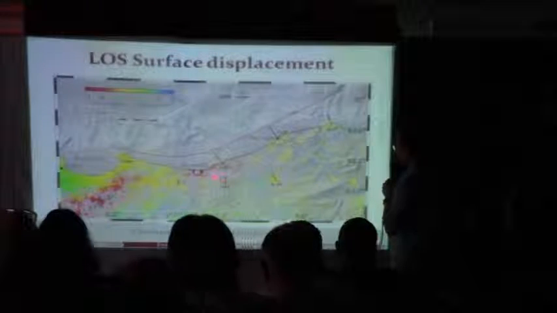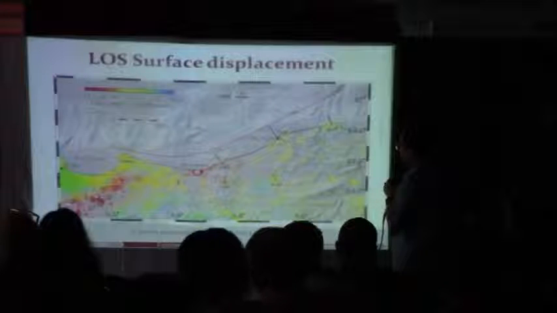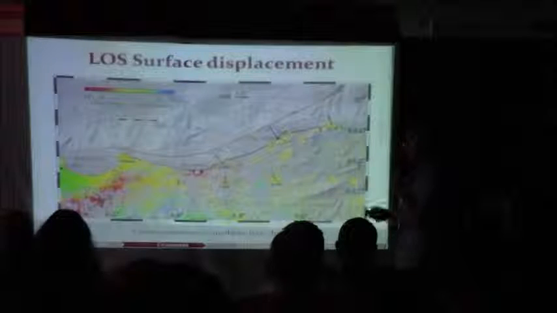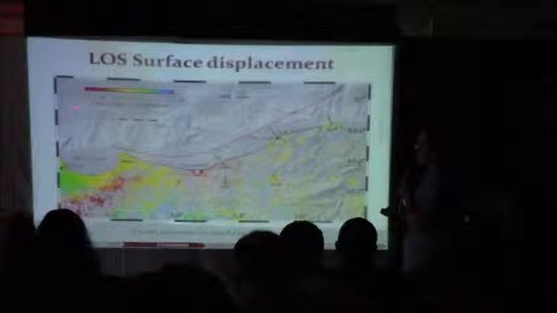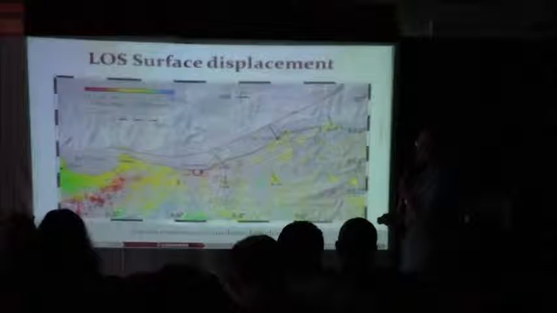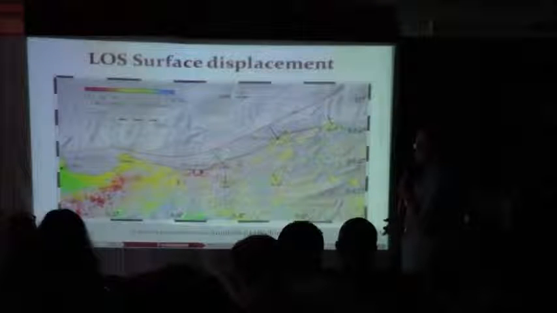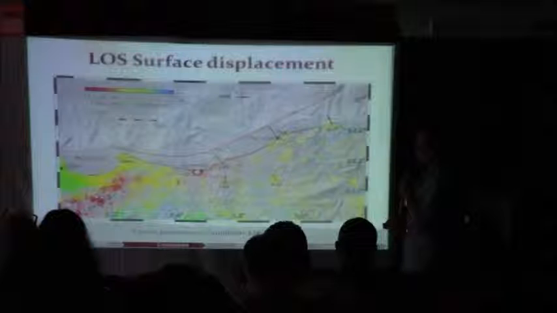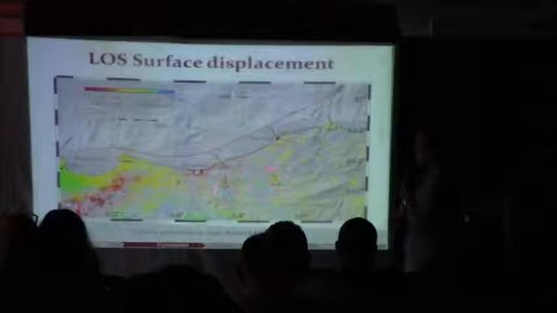If you notice, we have three regions with the red color. In this map, red means line of sight increase, and if we assume that this is a thrust fault, so the motion is vertical, we can assume that these are subsidence.